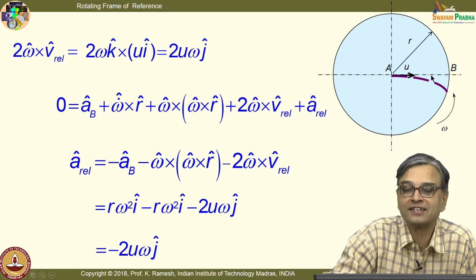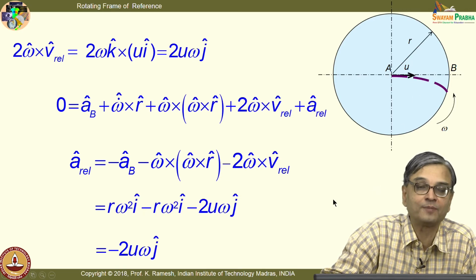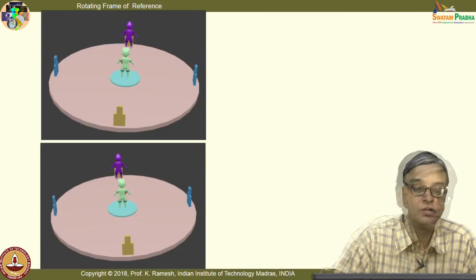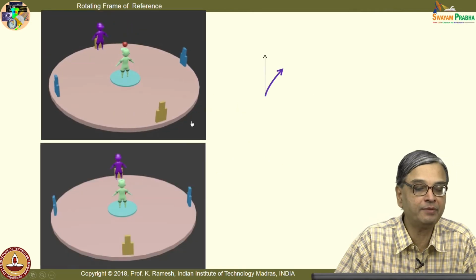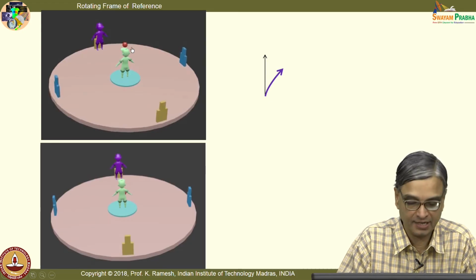So, this deviates like a parabola. Okay. And this is what is affecting when you observe things from earth. So, you have a nice 3-dimensional visualization of how the ball is deviating for the observer B in this animation.